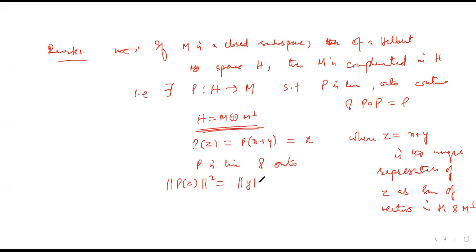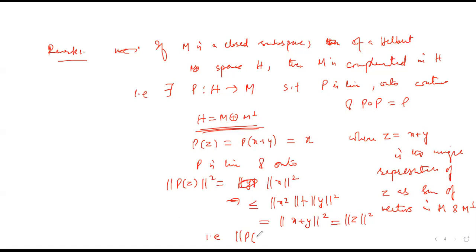I wrote y here, I wrote y, it should be x, right? Norm of x squared, which is less than or equal to norm of x squared plus norm of y squared, which is the same thing as norm of x plus y squared because they are mutually orthogonal, which is equal to norm of z squared. That is, norm of Pz is less than or equal to norm of z, so it is continuous.